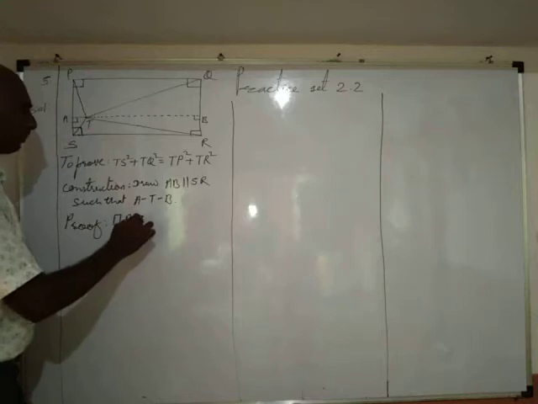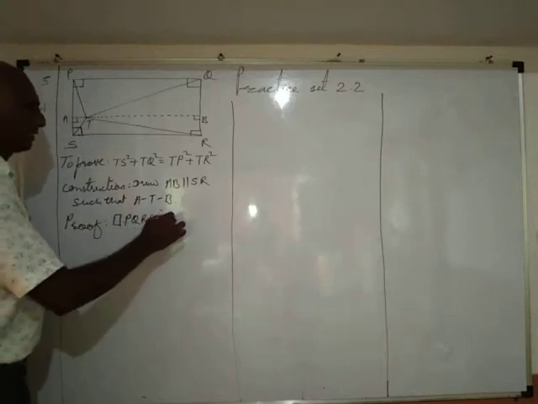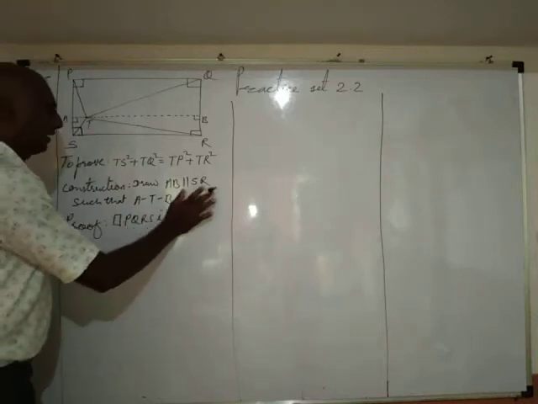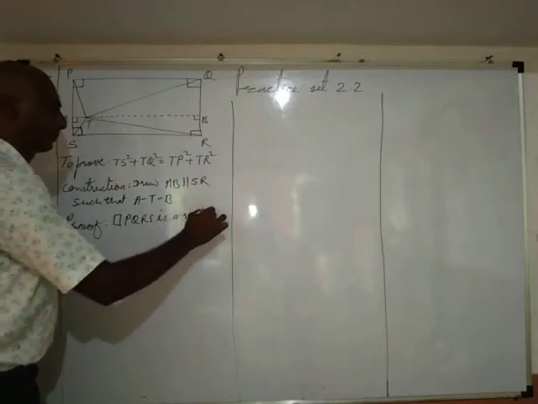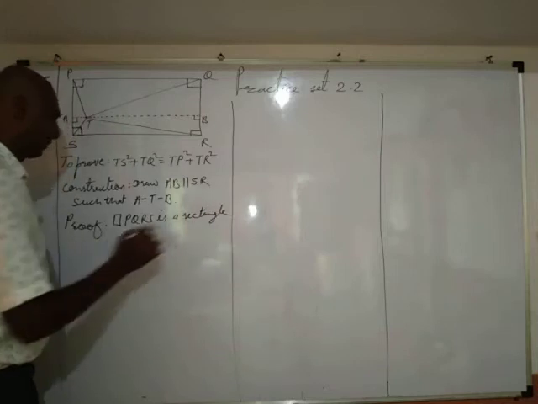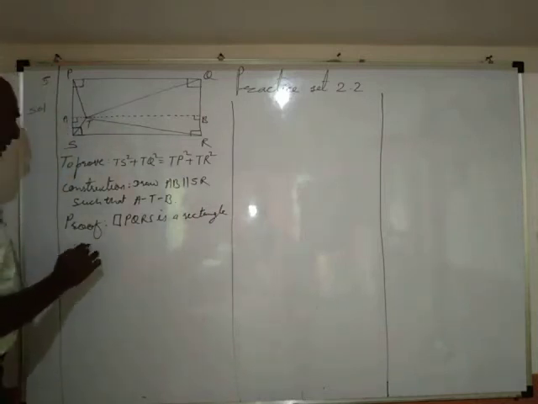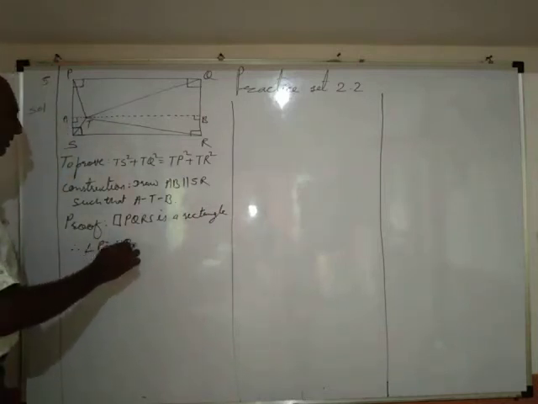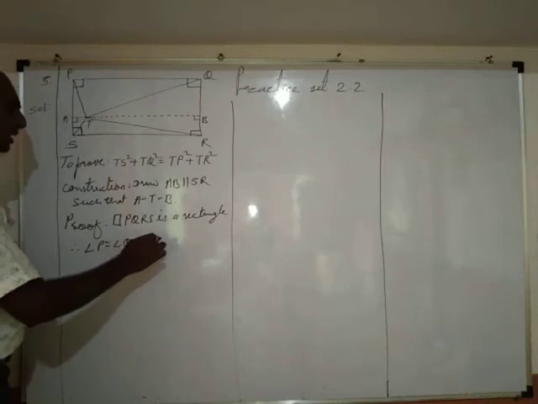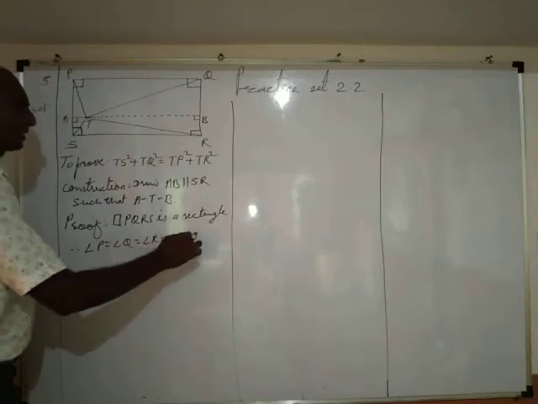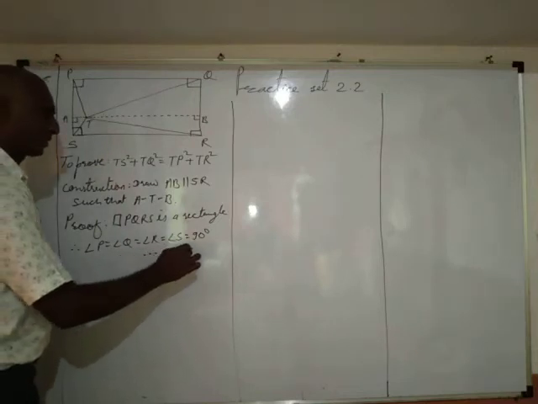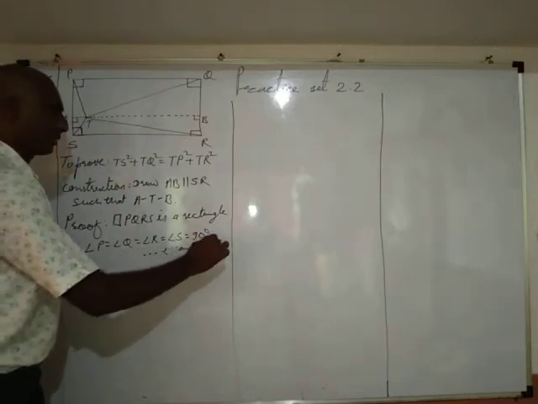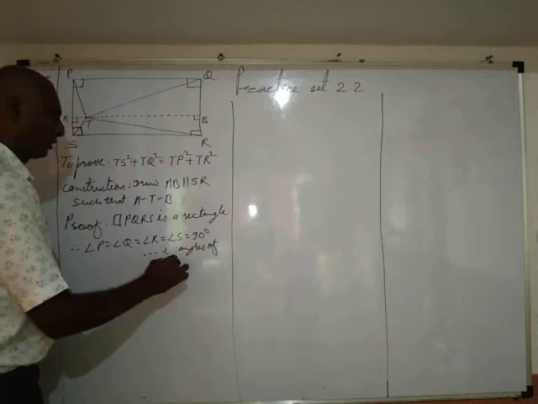Quadrilateral PQRS is a rectangle and therefore angle P equals angle Q equals angle R equals angle S equals 90 degrees, since angles of a rectangle.